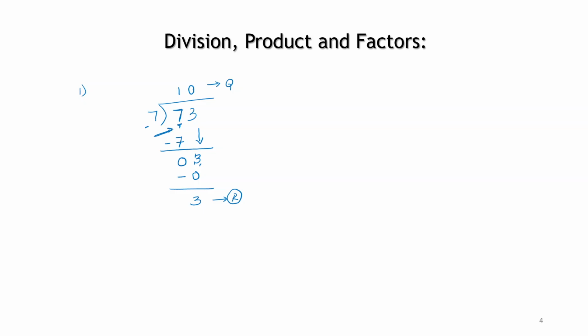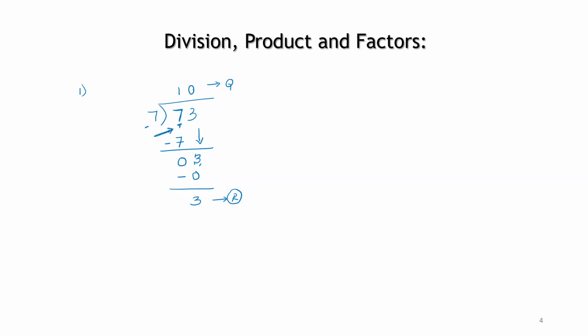So what you have learned? This is very important. You have to start with the leftmost digit of the dividend. You have to compare the current digit with the divisor. If it is greater than or equal to the divisor, you can proceed with the division.